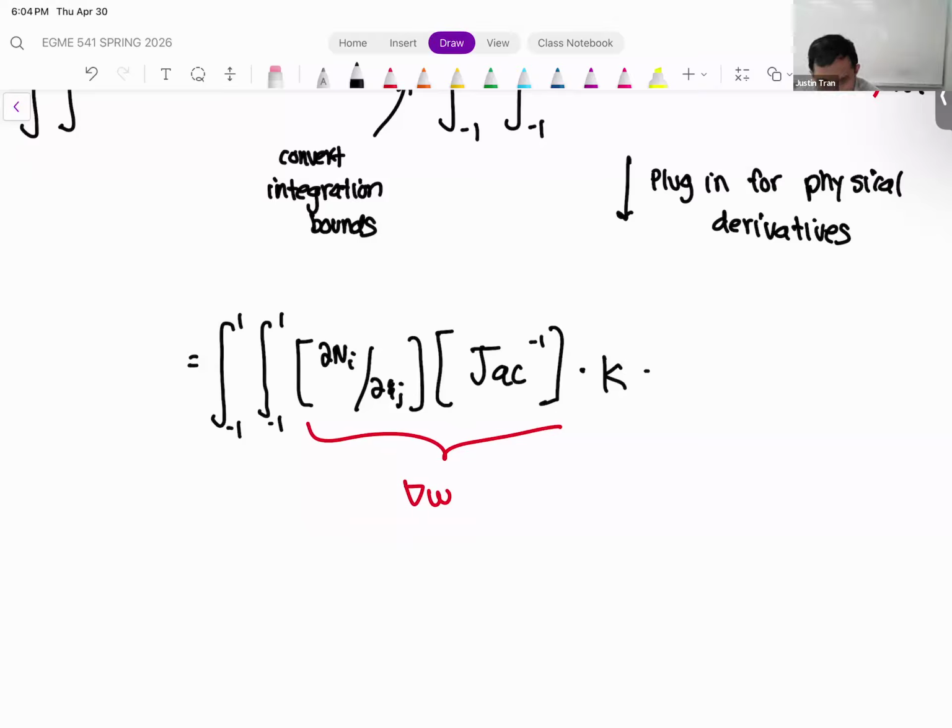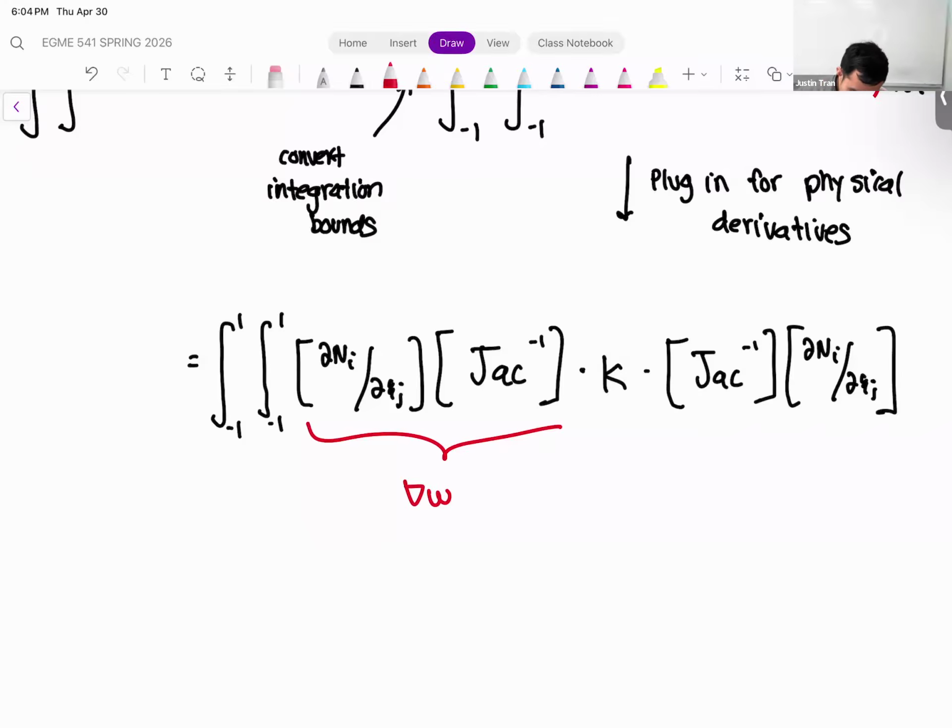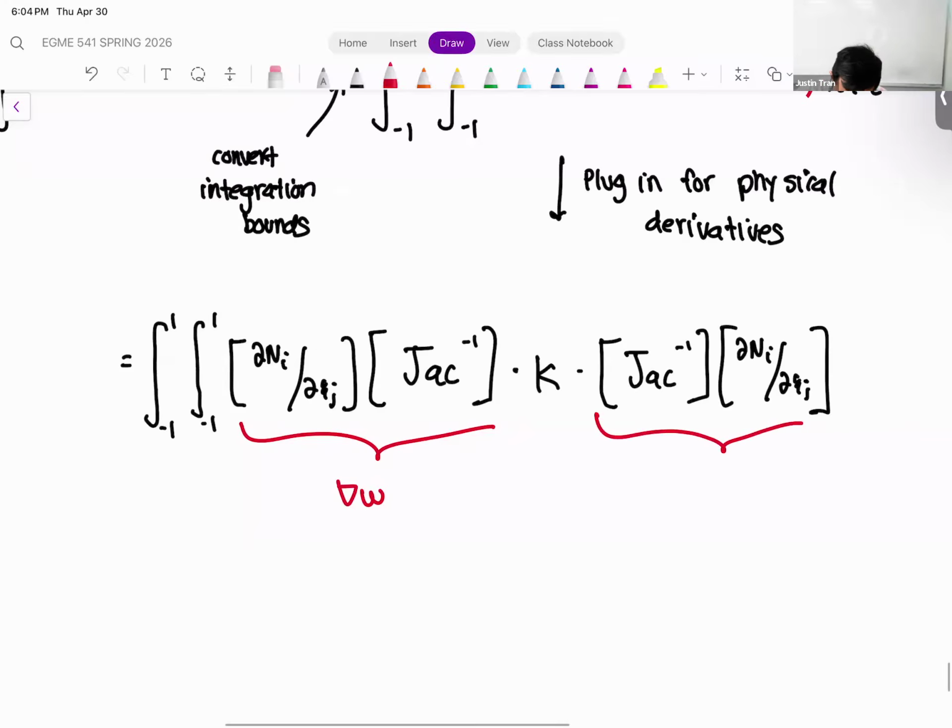And then we're going to multiply by the same thing, but for the gradient of t, right? Which is, we're actually going to reverse the order here. So we have Jacobian inverse times the shape function derivatives in the parent domain, the partial Ni, partial epsilon j. So this right here is gradient of t.